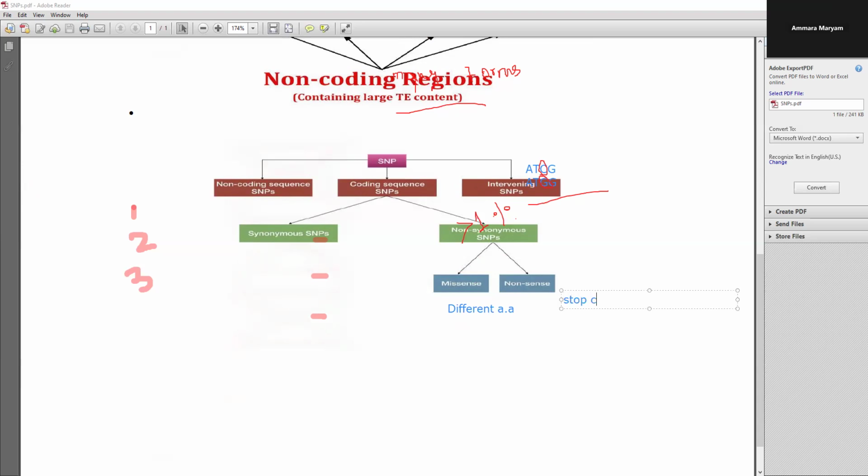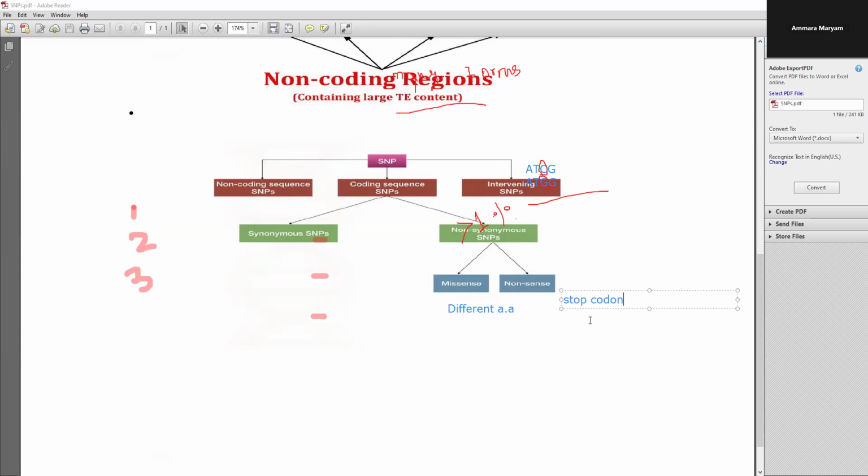What that means is this nonsense SNP that occurs in the coding sequence can introduce a premature stop codon.